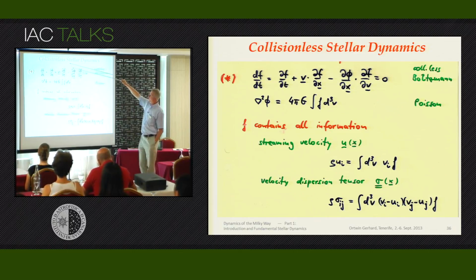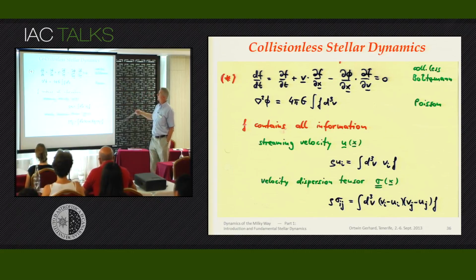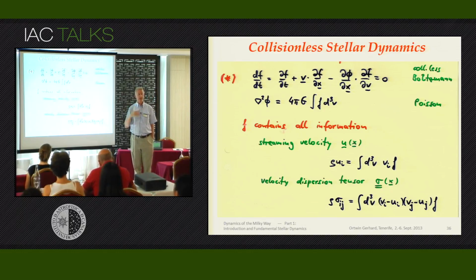And so we have an equation system that describes our stars, which is basically two equations only, the collisionless Boltzmann equation and the Poisson equation. Suppose we can solve that, then essentially we have all the information about the system that we want.